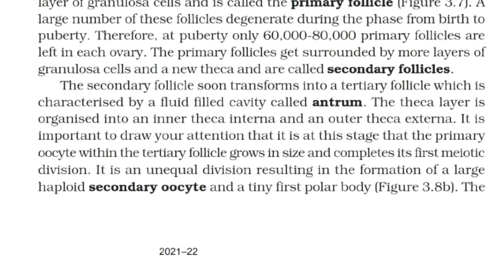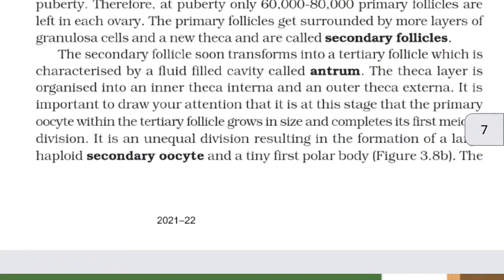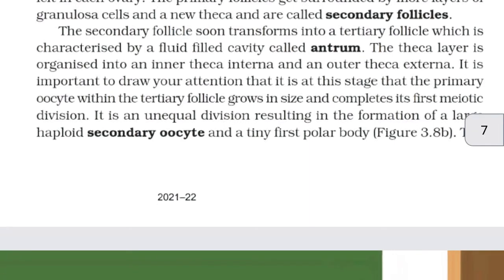It is important to draw your attention that it is at this stage that the primary oocyte within the tertiary follicle grows in size and completes its first meiotic division.